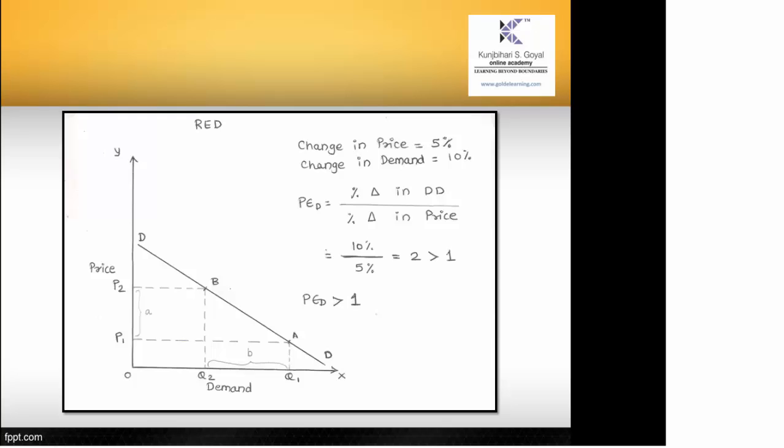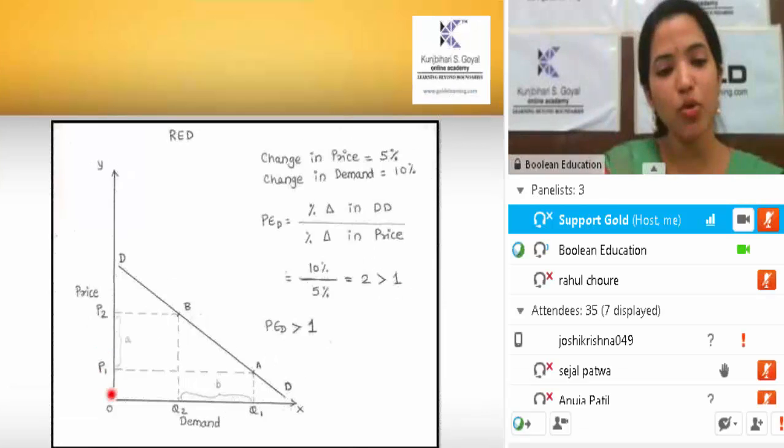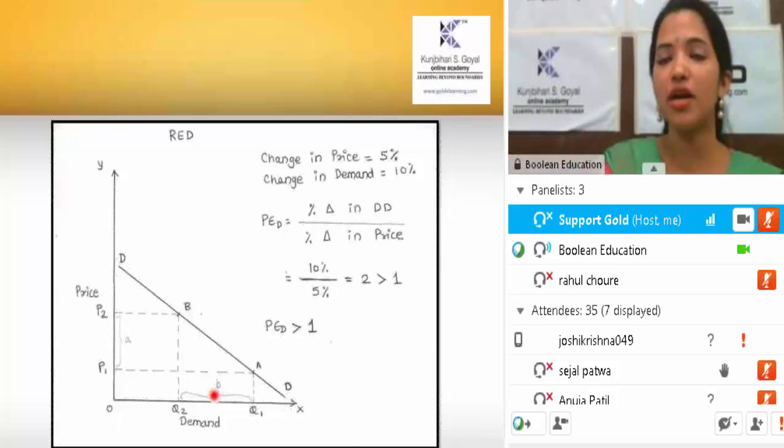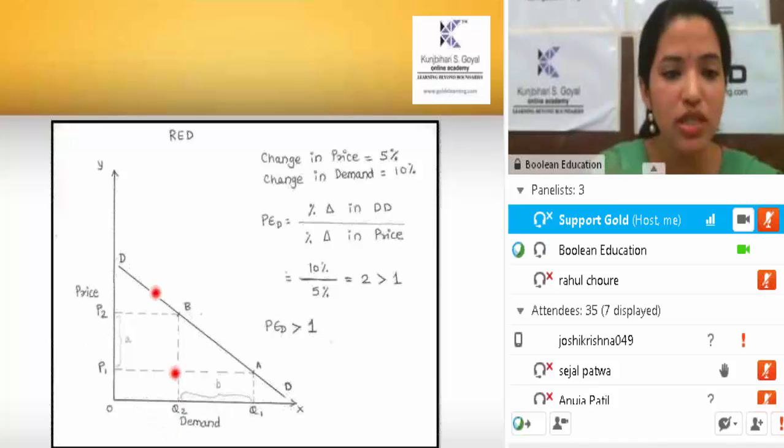Now why flatter? See, original price was OP1, right? When price was OP1, quantity demanded was OQ1, right? Due to some reason, price increased. Price now became OP2. As soon as price increased, demand reduced. Now demand is OQ2. Now see the difference.